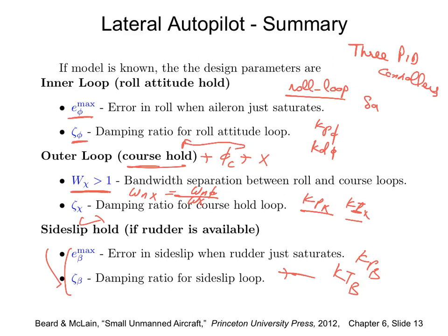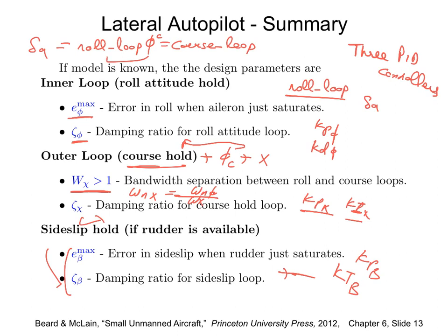So the roll loop output will be delta A, and the course loop output will be phi commanded.